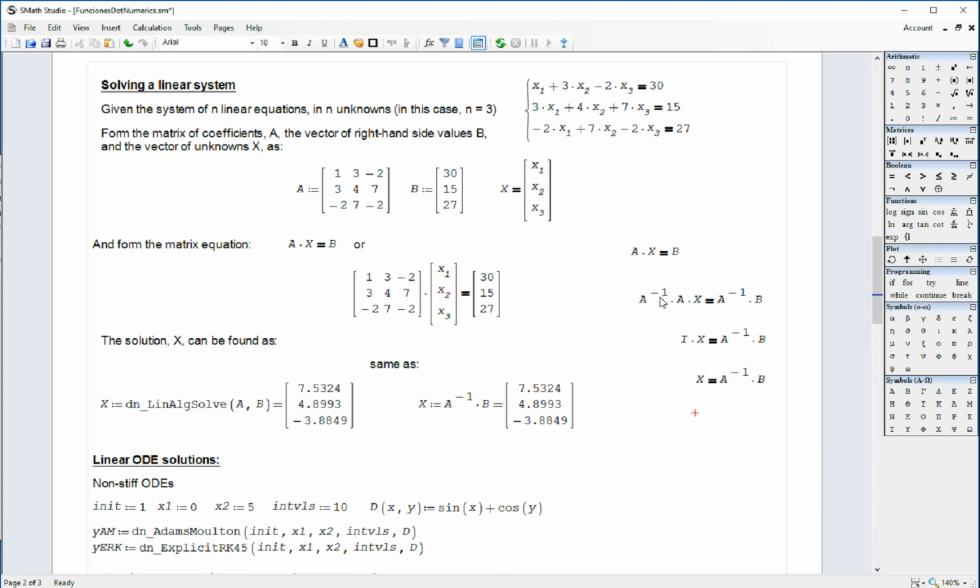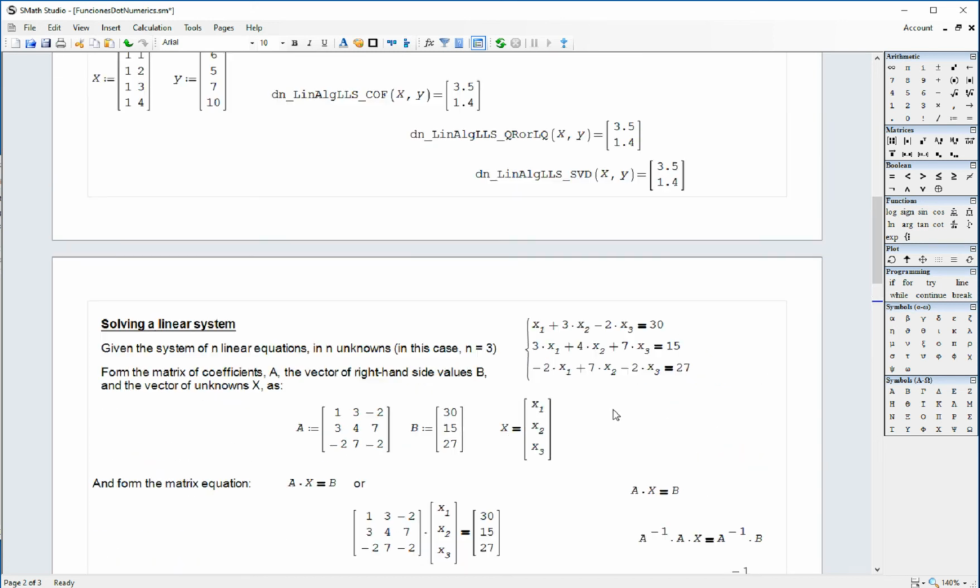Then the solution to this equation is this result that I calculated in here. And so you can calculate this in the numeric equation or function linalg.solve, or using this expression.